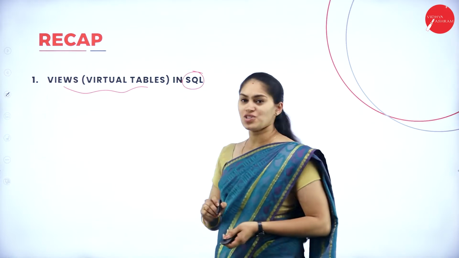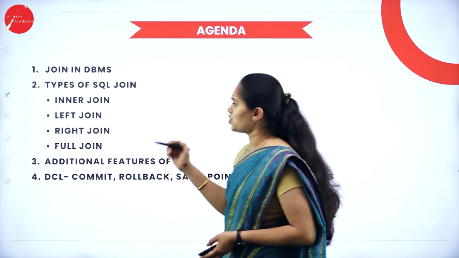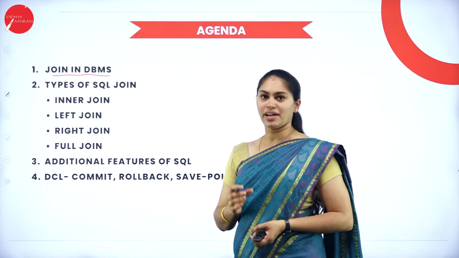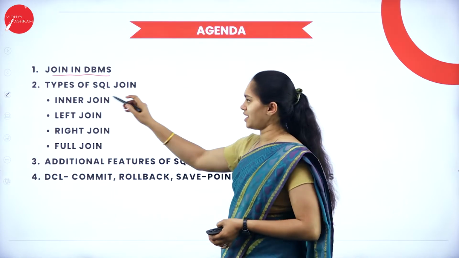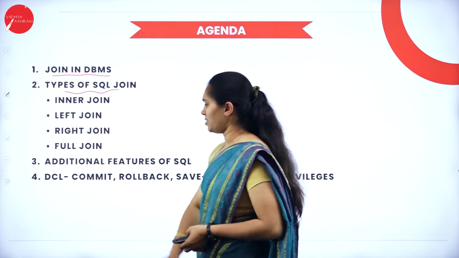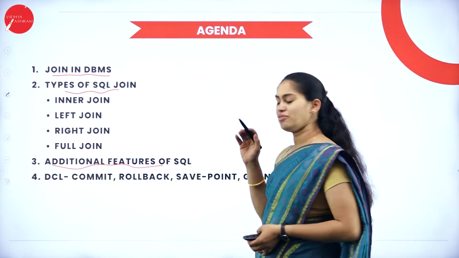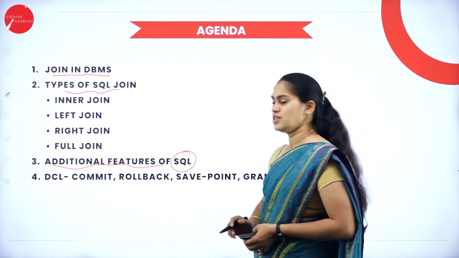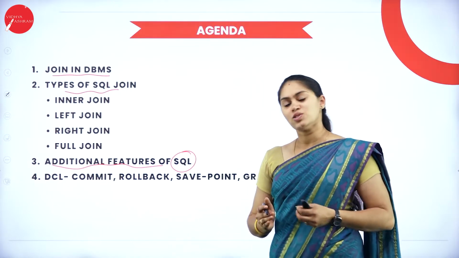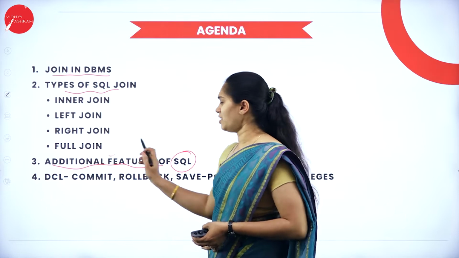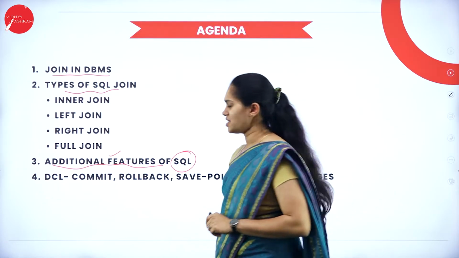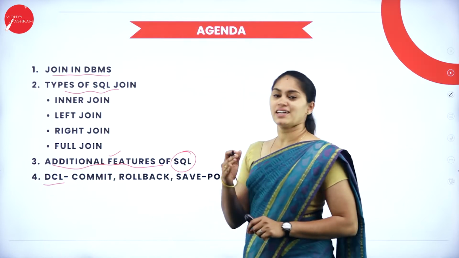In today's session, we'll see about joins in DBMS, how we perform the join operation, and the types of SQL joins we have in DBMS. We'll also see the additional features we have in SQL. Till now we have learned many concepts with respect to SQL, so at last we'll see what additional features it gives apart from the standard features. And finally we'll see DCL, the Data Control Language.